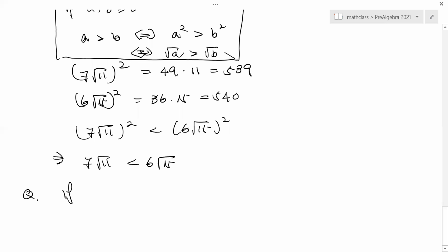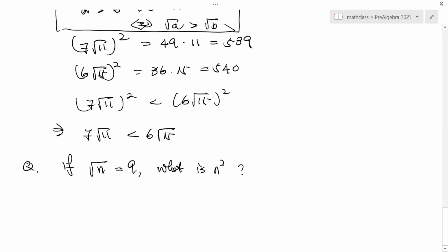So if square root of n equals 9, what is n squared?